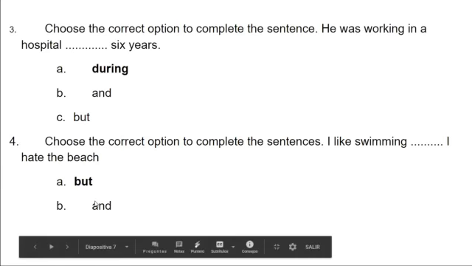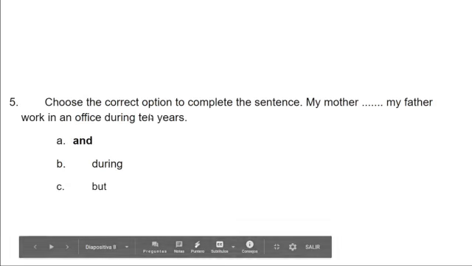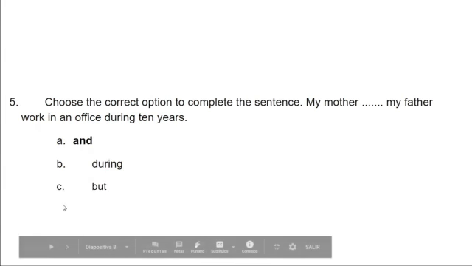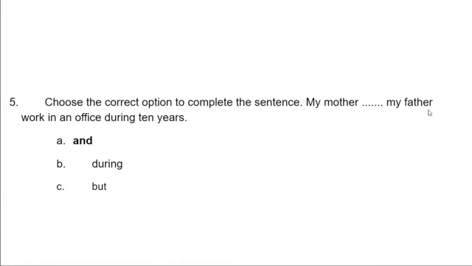Okay? Now, let's start with the question number 5. Choose the correct option to complete the sentence. My mother, space, my father, worked in an office during 10 years. Letter A, and. B, during. C, but. Como estamos diciendo, mi madre y mi padre, we have to use and.